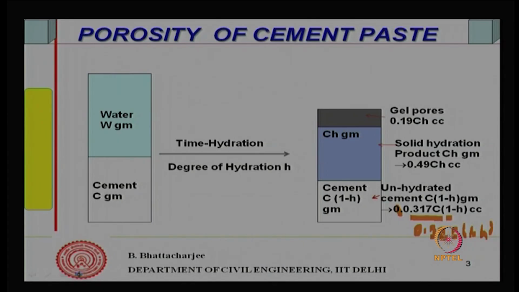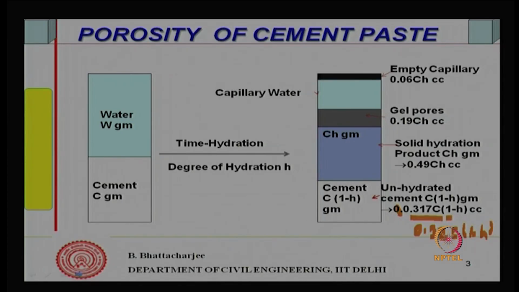So, we have derived all this in the last class. This is the space that remains unoccupied and will remain as capillary water, and this portion is empty capillaries, which we have also calculated as 0.06 CH cc.